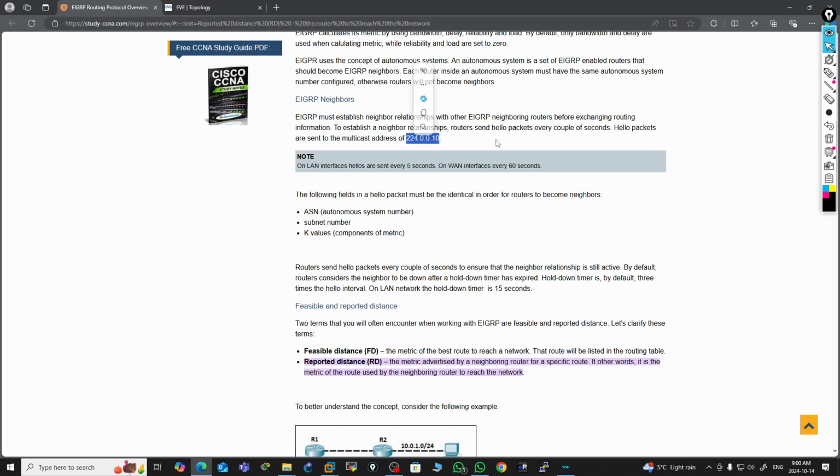That way all the other routers are going to be aware that there's a change in the network, and they're going to recalculate their routing information base. Also, all routers that are forming neighborships have to have the same AS numbers and the same K values. The K values are the ones used in calculating the metric.